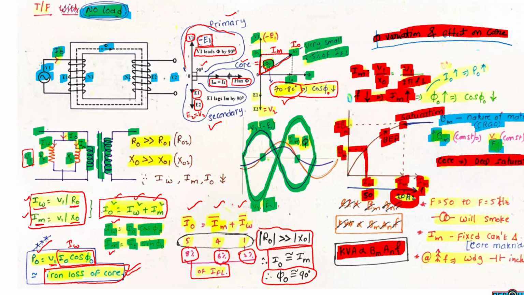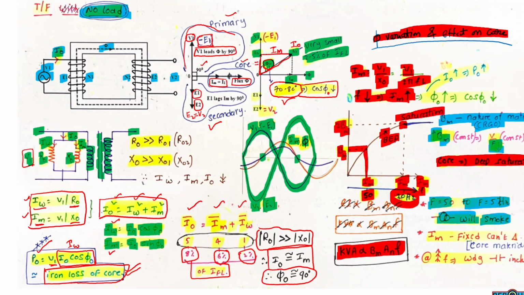For example, if our transformer is operating at 50 Hz supply and we decrease the frequency from 50 Hz to 5 Hz, then the magnetizing current IM increases and the core goes into very deep saturation. The no load current I0 increases. As the windings have very low resistance, it will draw higher currents from the supply voltage. So the transformer windings may get burned or it may smoke.